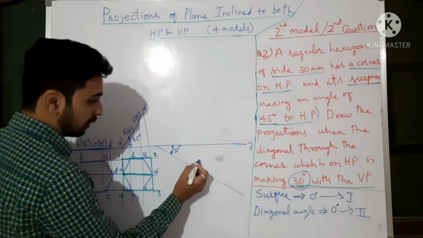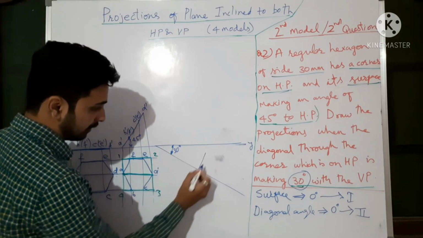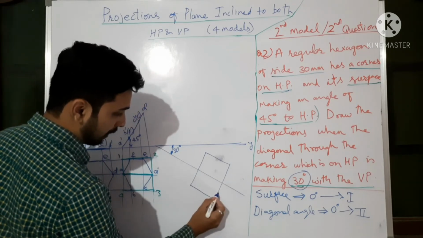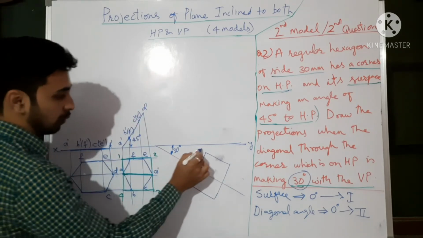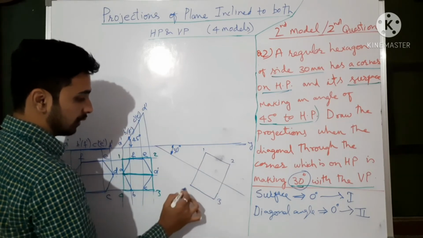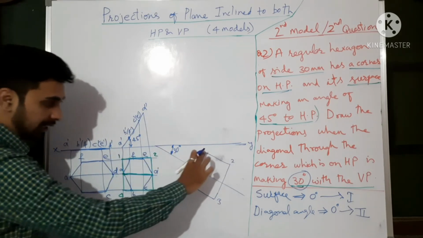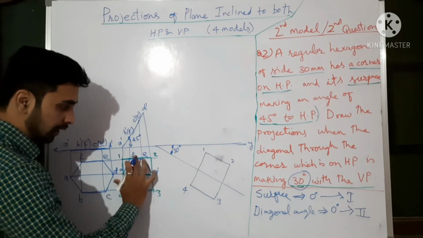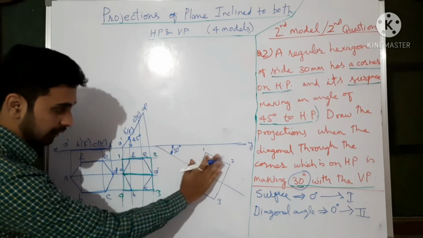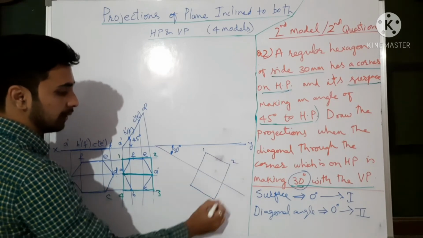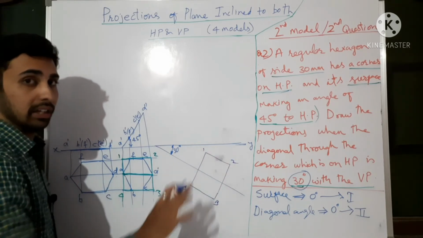So I am drawing the box here in this way. This is 1, 2, 3, 4. Got it? This box measurement I have taken here, and we have transferred the box in this way. Let us erase all, or for your reference I will keep it, but you should not write all these numbers in the exam.